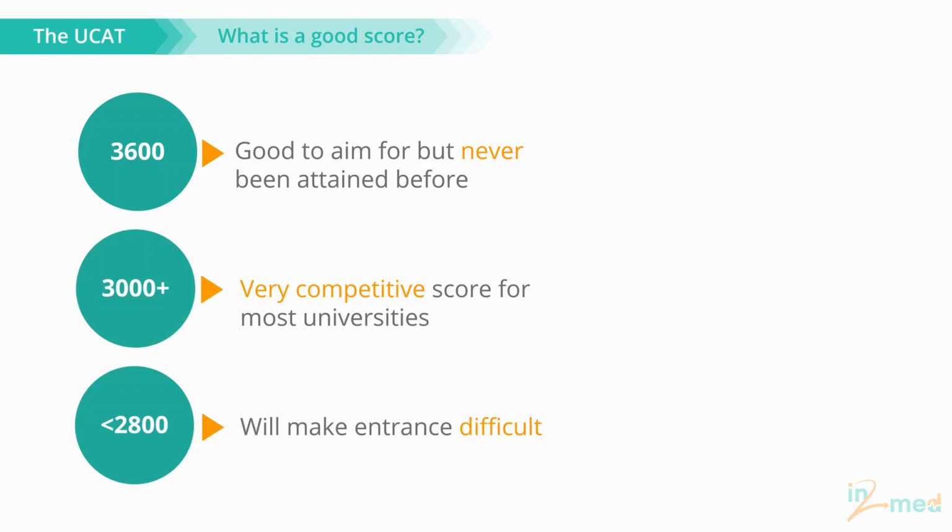So what is a good UCAT score? Well, this is a very hard question to answer, especially because it differs between years, based on how easy or difficult the test was that particular year, and also depending on what scores each university is looking for.